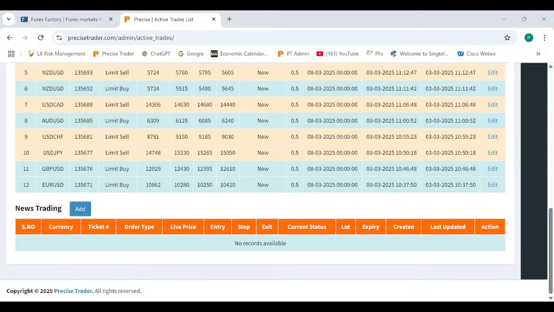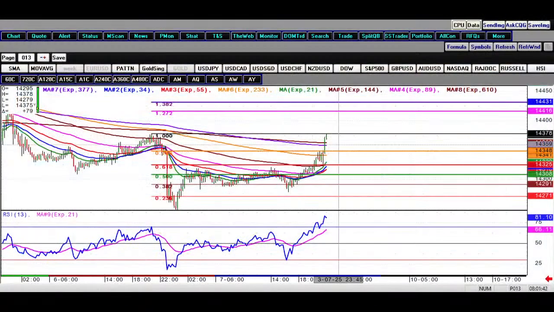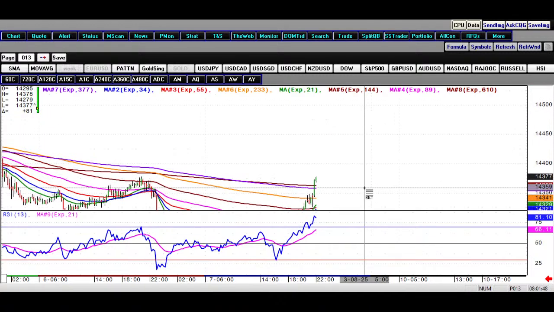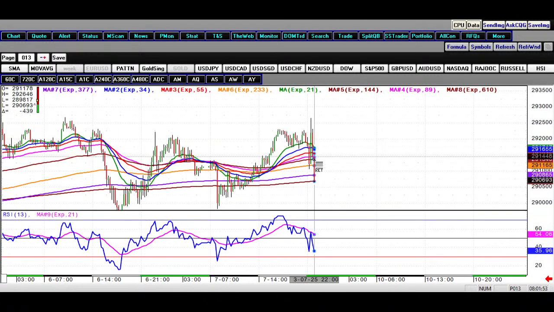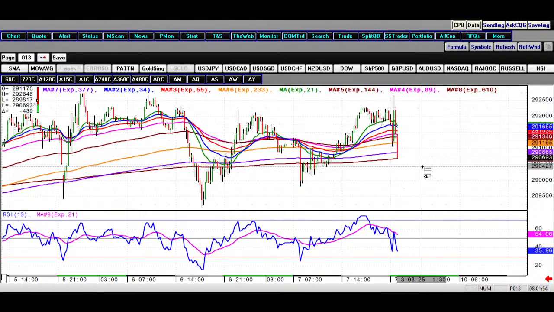Okay, the gold is dropping lower. I think it broke the support. So I think now it is trading back into the trading equilibrium I told you.